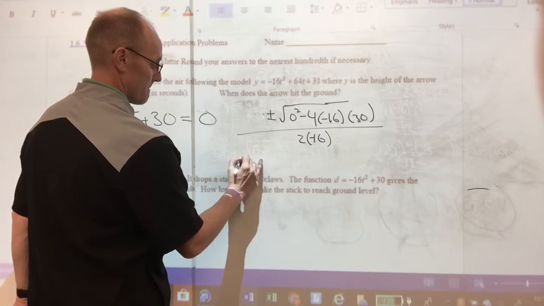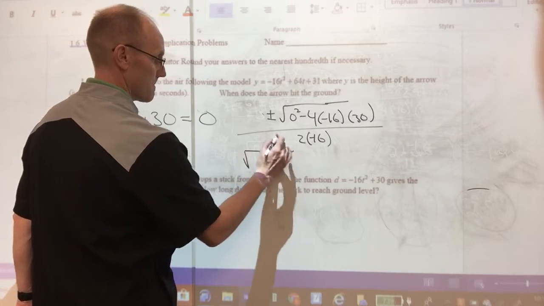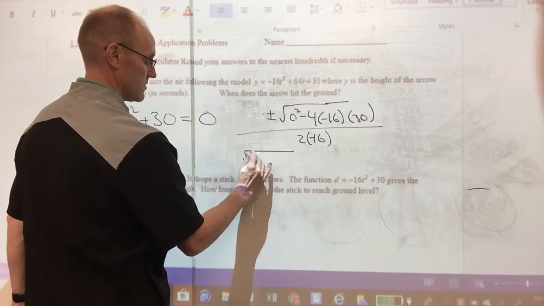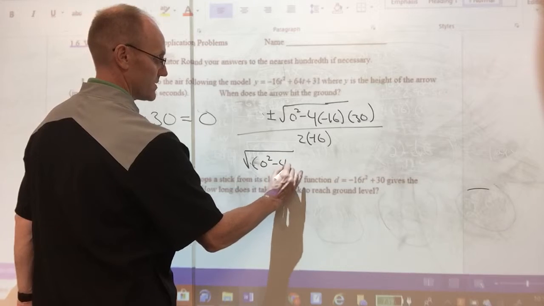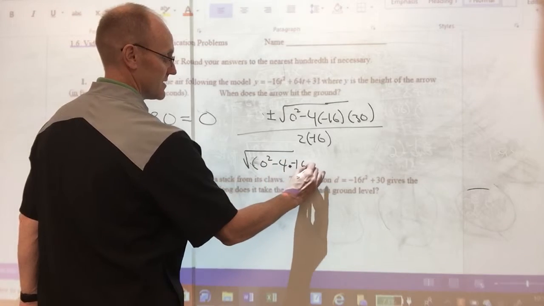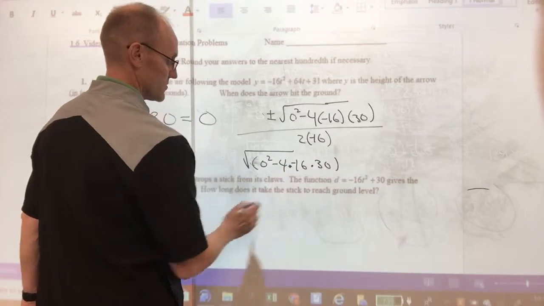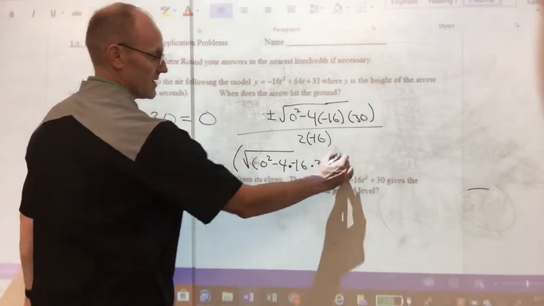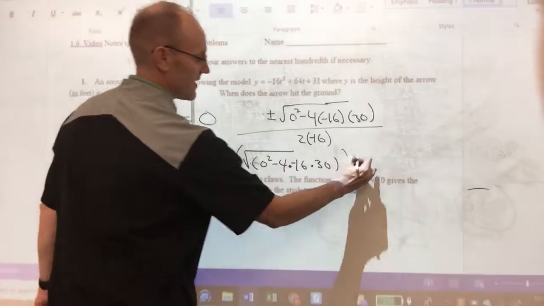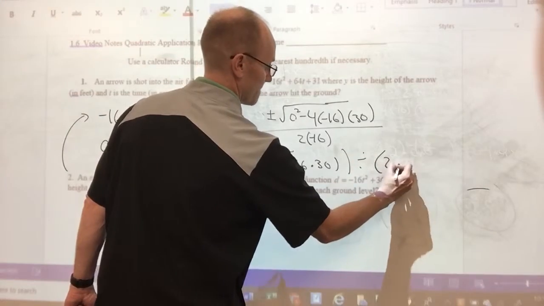So I'm going to put the square root of, open parentheses, 0 squared minus 4 times negative 16 times 30, close parentheses. If you go back, make sure you put parentheses in the front. That's the whole top, and then divided by the whole bottom.